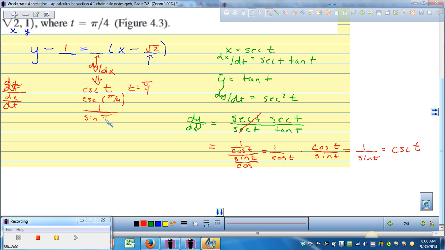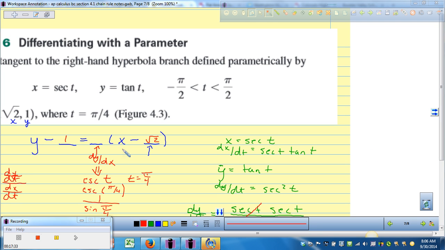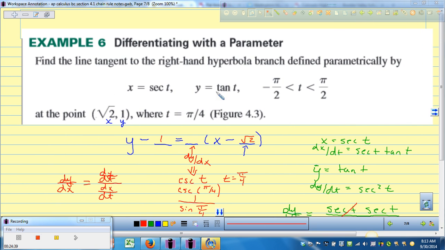What is sine of pi fourths? Root 2 over 2. So what is cosecant? 2 over root 2, and you can leave it just like that, or you could simplify it to just root 2.